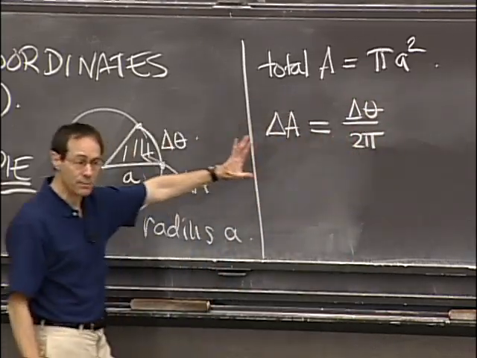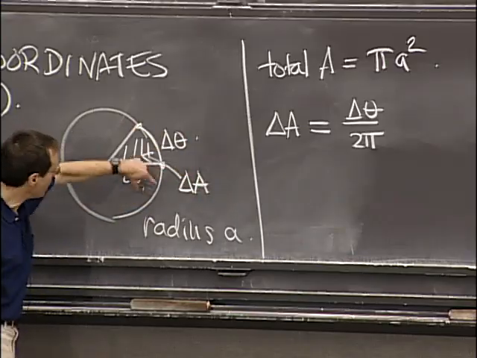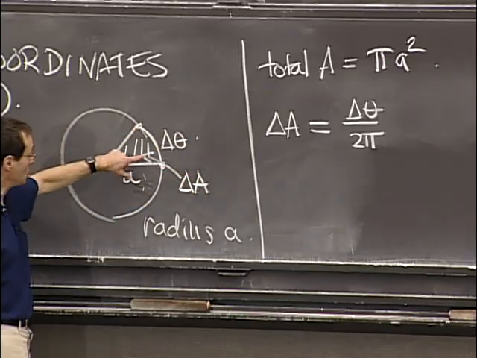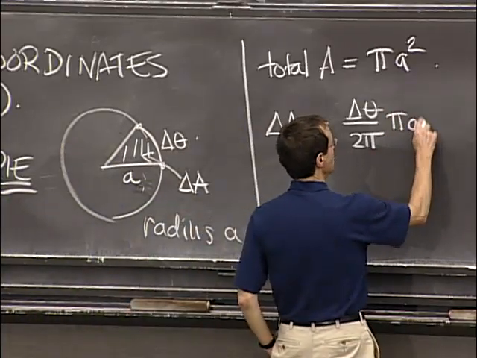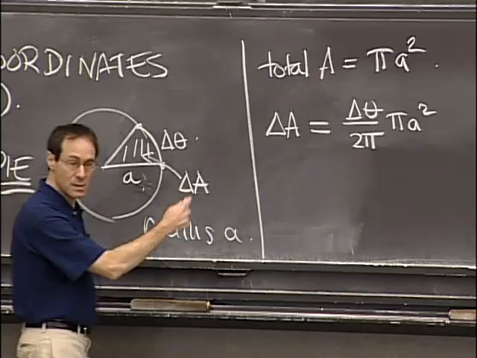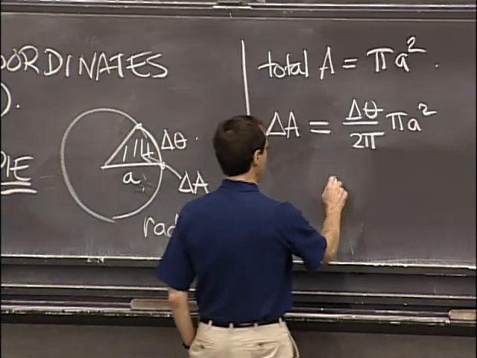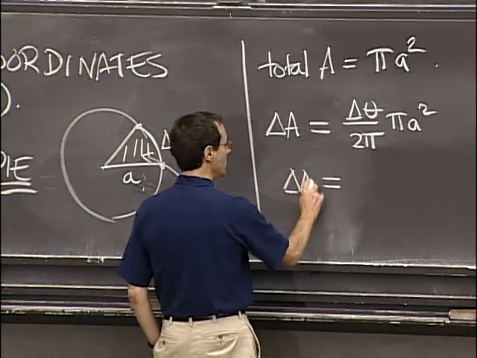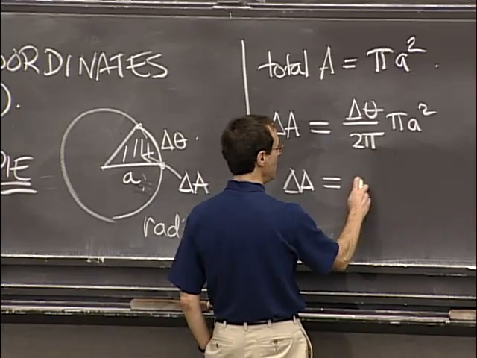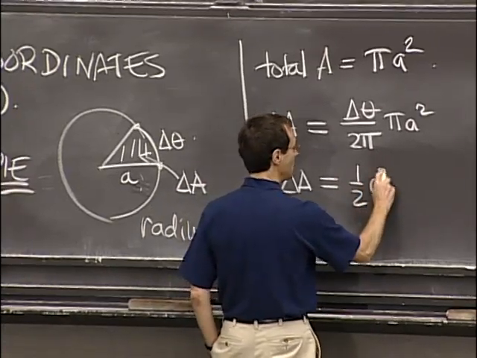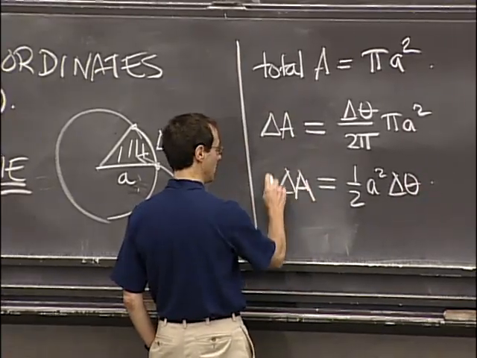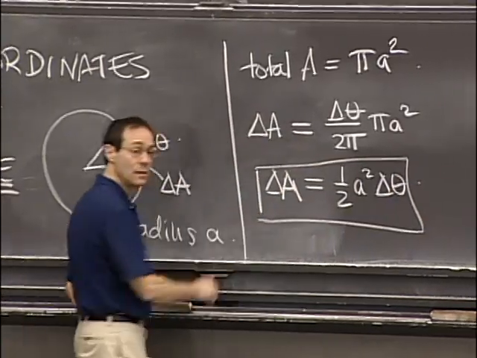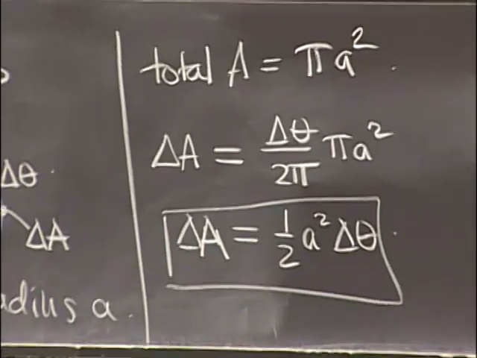This is the fraction of the total circumference, the total length around the rim. And then we multiply that by pi a squared, and that's giving us the area. And if you work that out, the pi's cancel, and delta A is equal to a half a squared delta theta. All right, so here's the basic formula.